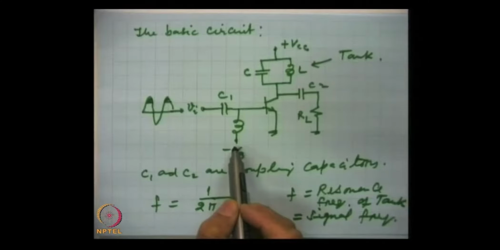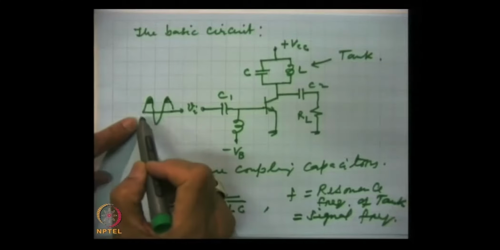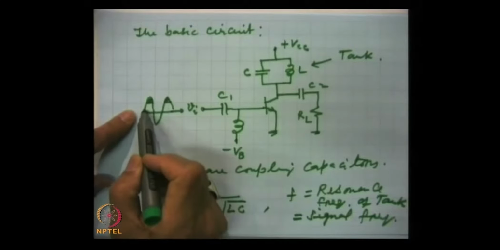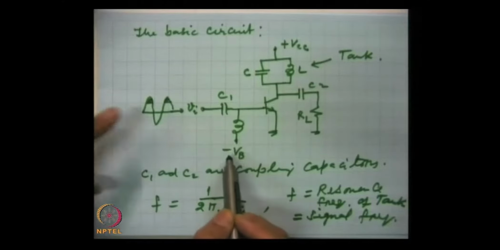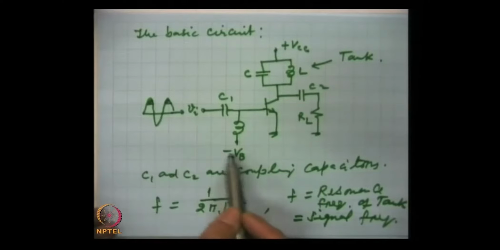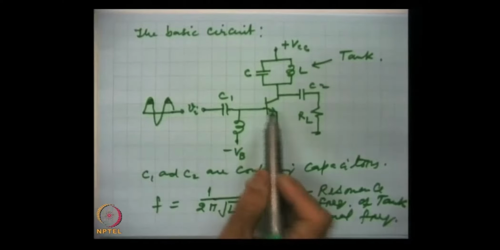You know, the transistor conducts only when it is in the active region, and because of this negative bias, most of this part will be falling within this negative. This is negative, that will be added up. So, it becomes more negative, non-conducting.